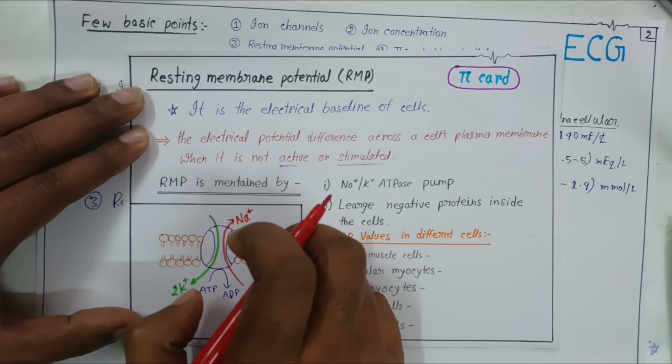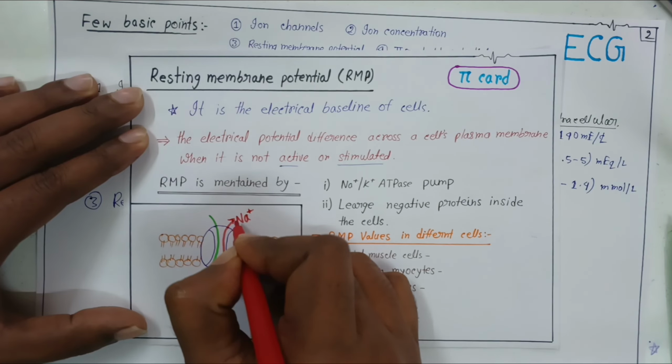So 2 potassium get in and 3 sodium get out.